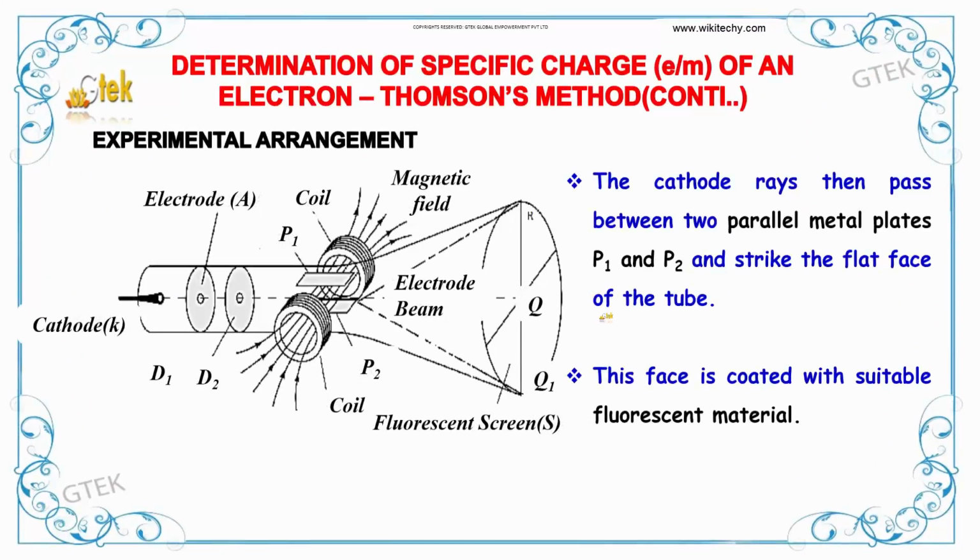The cathode ray then passes between two parallel metal plates P1 and P2, here between these two plates, and strikes the flat surface of the tube. The flat surface or face is coated with fluorescent material.